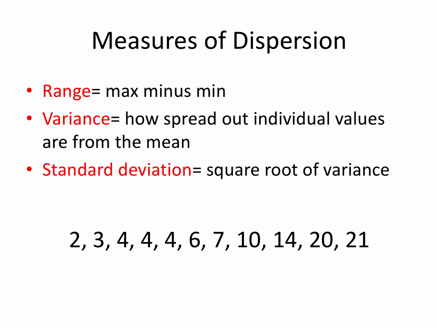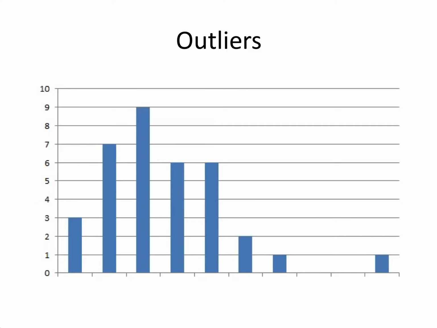So where this all becomes especially important is considering outliers. This is a histogram, which is used to represent variance. In this case, it's a representation of that bell curve that we looked at, with a bit of a positively skewed bell curve. It's essentially in vertical bar format, which is how histograms are made.